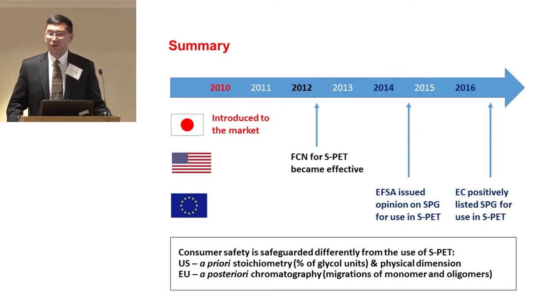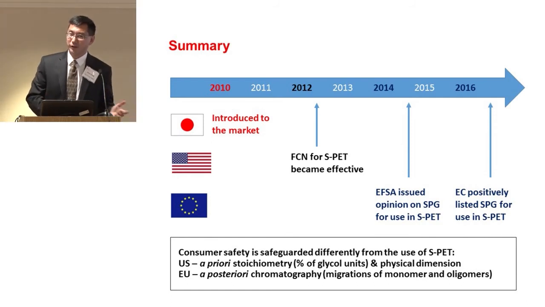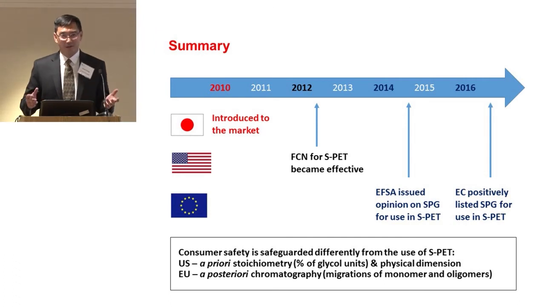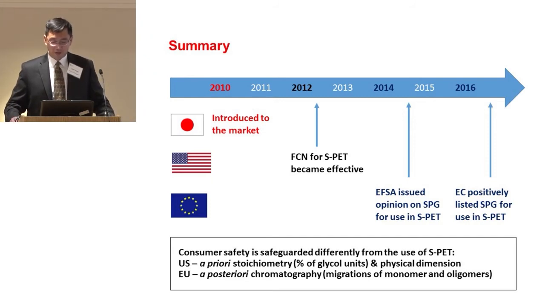Prior to that, you still had the option of doing GRAS through scientific procedures. I don't think people will be foolish enough to do that, but it's not really illegal, but you have the FCN route that you do want to rely on.